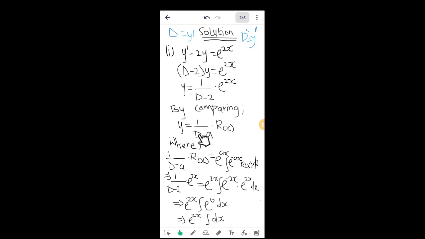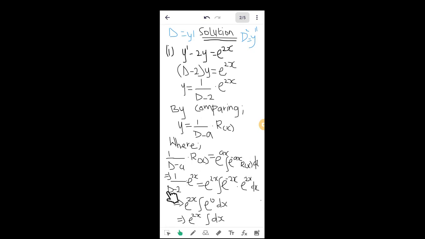And also further on, my y, which is equal to 1 over D minus a, where a is a certain constant, operating on r of x, is given by e exponent ax, integral of e exponent minus ax operating on r of x, dx. By comparing here, my a is 2.